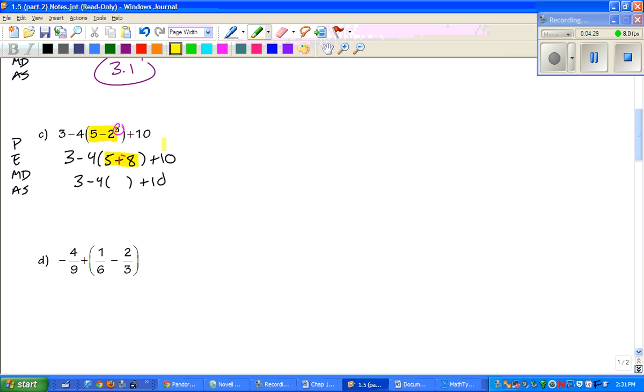And inside of that, 5 plus negative 8 gives us negative 3. So we're done with parentheses. We did the exponents. Now the next thing that I see is multiplication. And that's negative 4 times negative 3. We're going to just rewrite it right up here. Negative 4 times negative 3 gives us a positive 12. And from there, all you got to do is add, and you get 25.